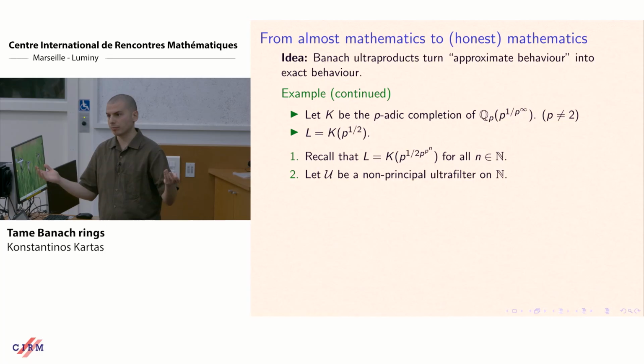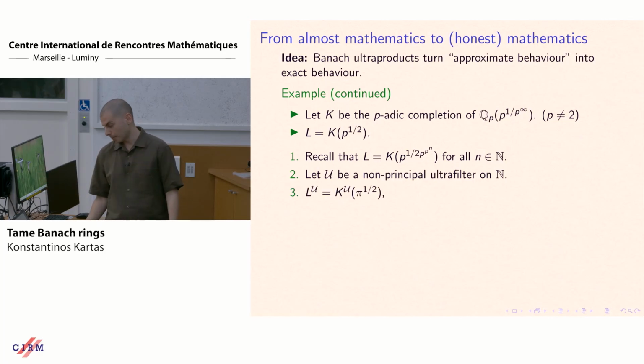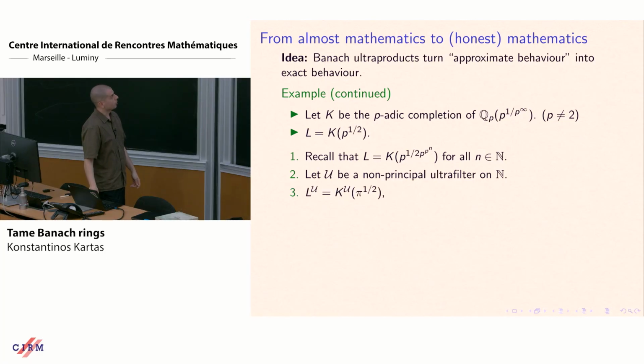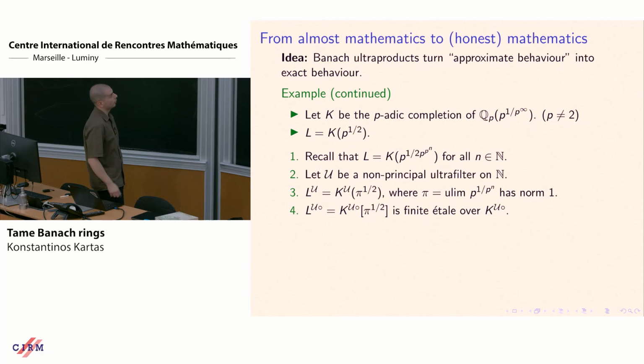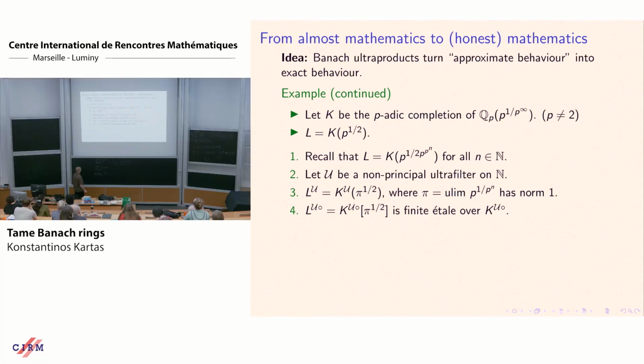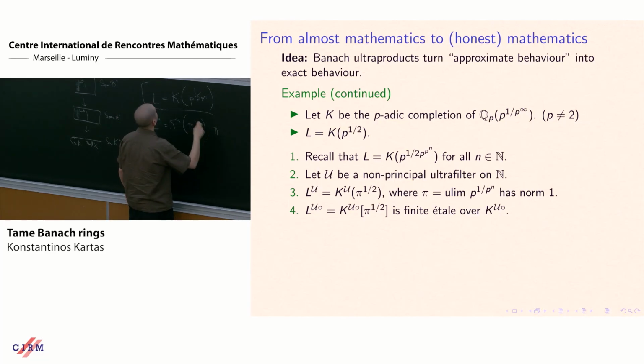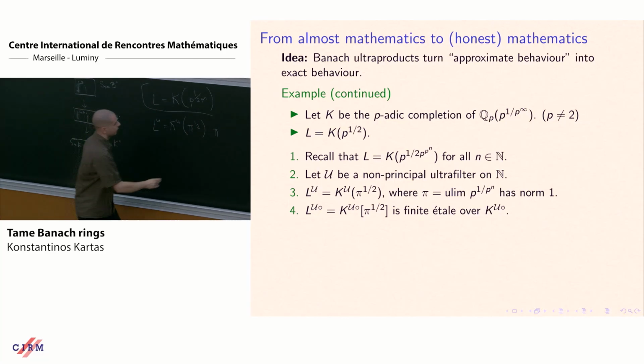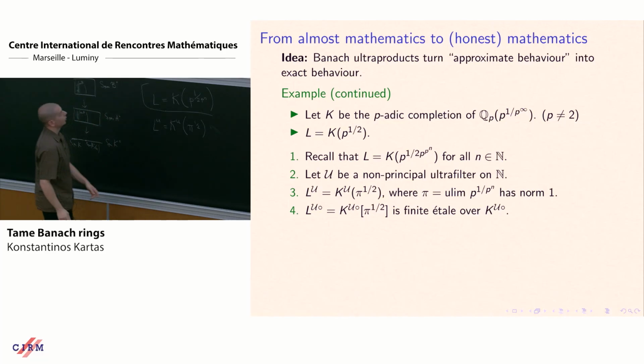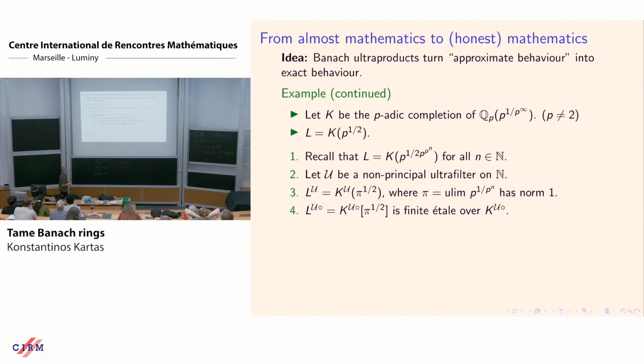Essentially, every limit exists. So you consider the same situation in the ultra product, and you realize that you can now express the corresponding non-standard extension by adjoining a square root of a non-standard element pi, which is simply the ultra limit of these p to the nth roots of p.